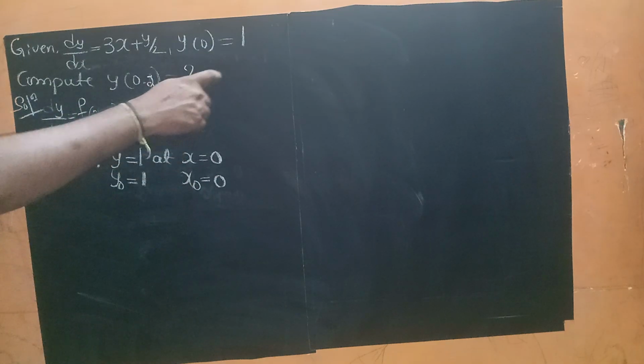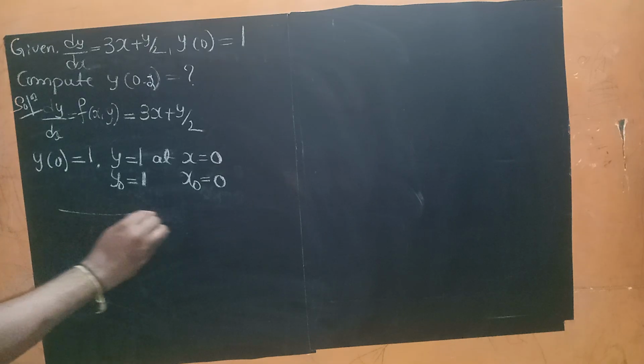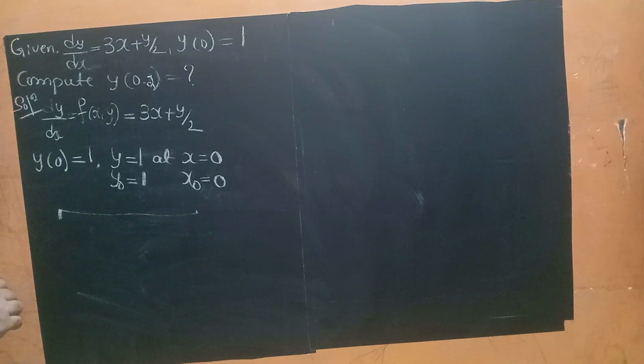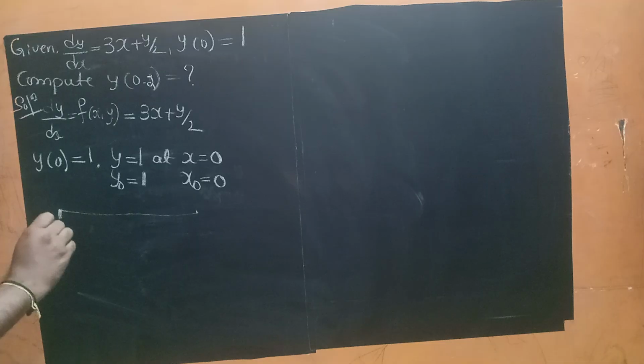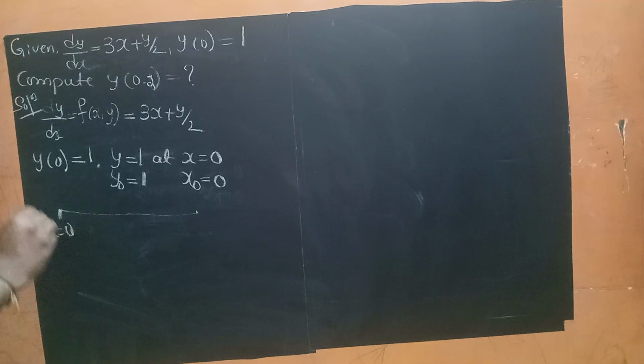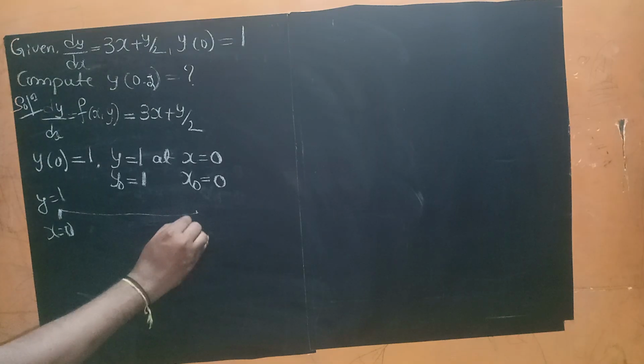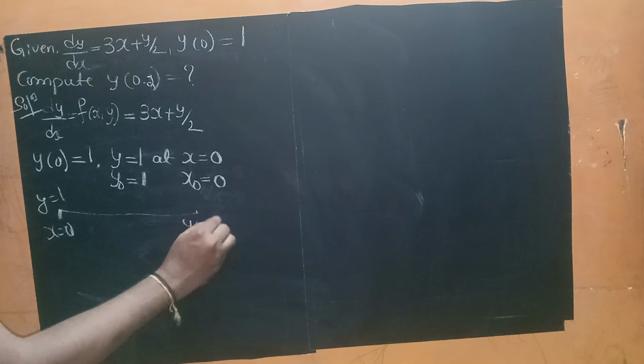And usually h will be given in the problem. If it is not given, you just find it from the given statement. So if I show you here, they are giving y of 0, meaning the x value is 0, and the corresponding y value they have given. And they are asking for y of x naught plus h, meaning this value.